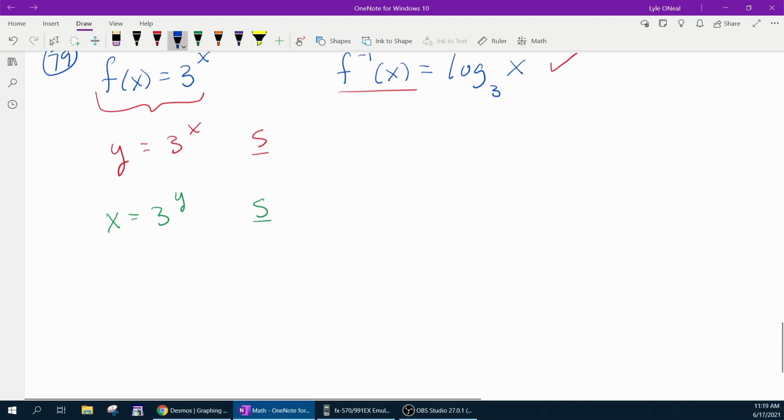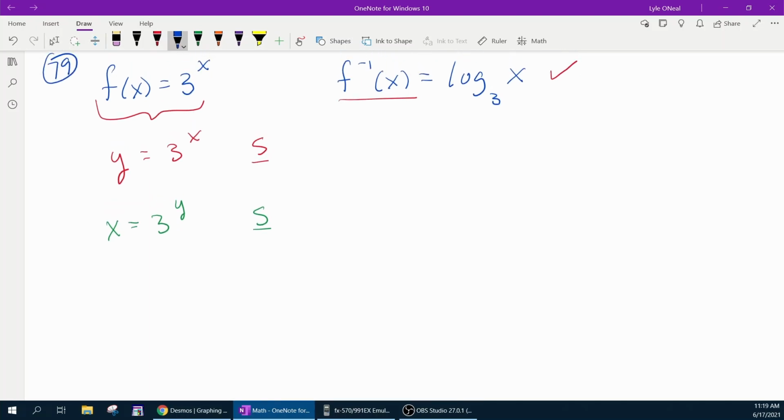And the third and final s is solve. We're going to solve for y. Now notice the y is up in the exponent spot, and at this point we have talked about the technique for converting an exponential into a log equation. So we're going to bring the base down, switch the other two around. So if I bring the base down, that's going to convert that into log base 3. Bring the base down, switch the other two around. y equals x.